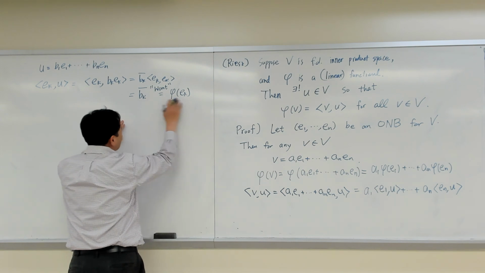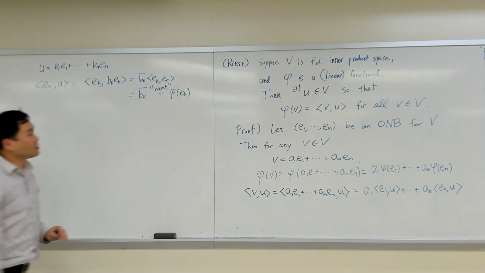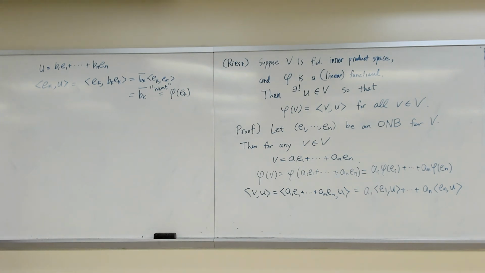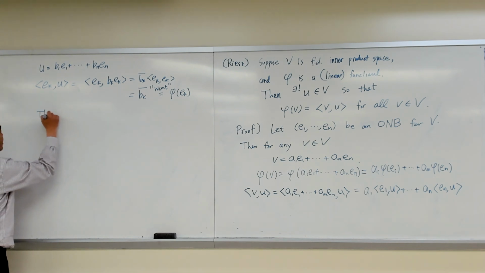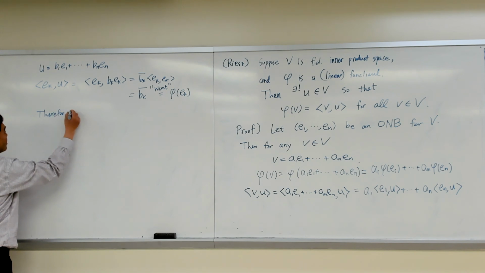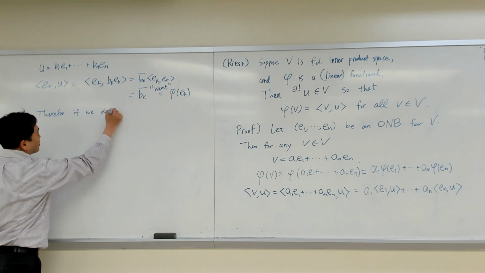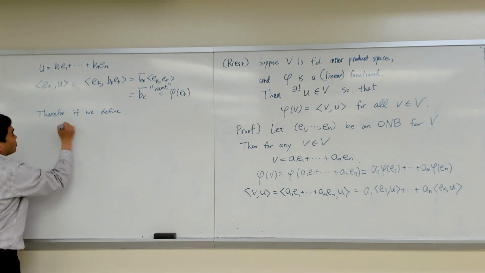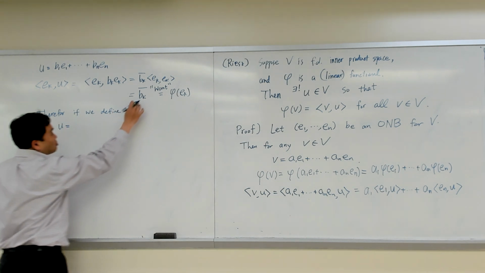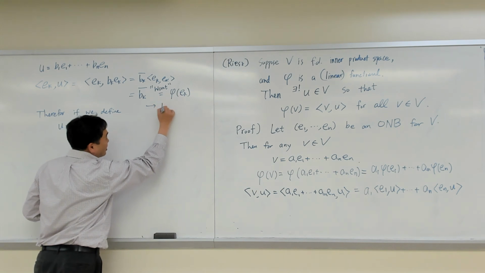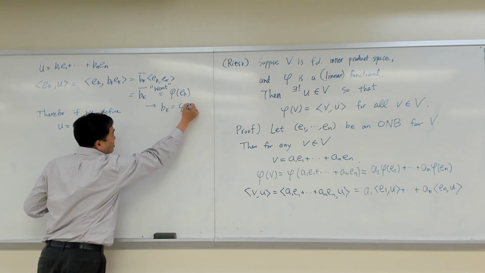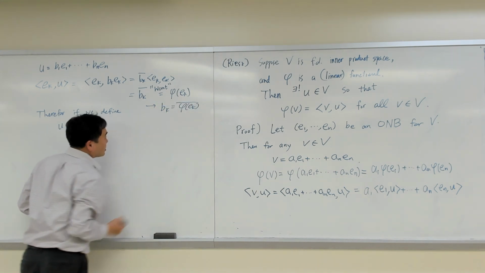I want this to be that. So okay, that almost gives us what we should do. So therefore, if we define U to be BK should, so that means BK should be defined as phi of EK bar, right?